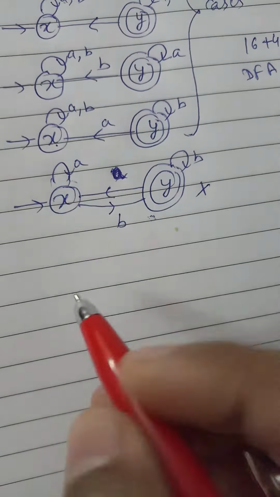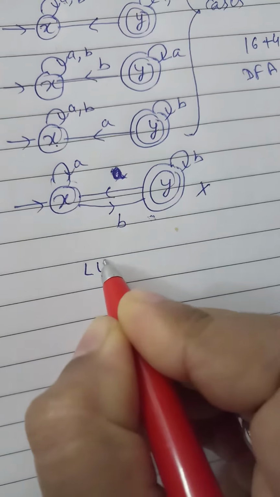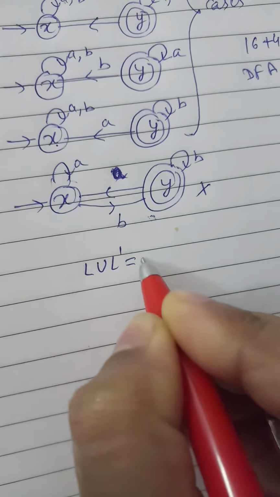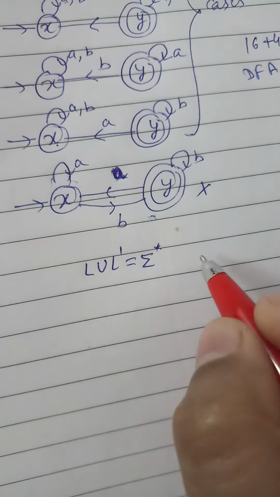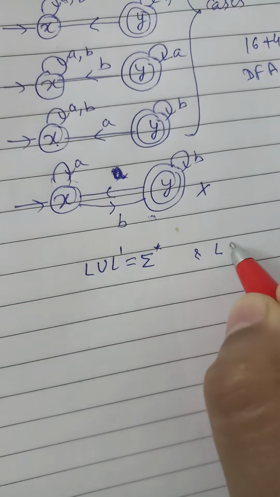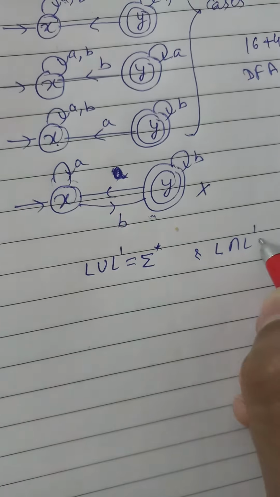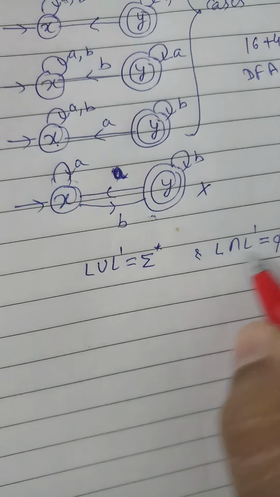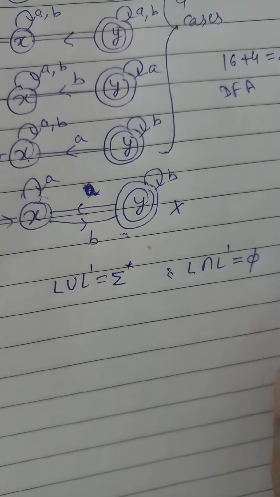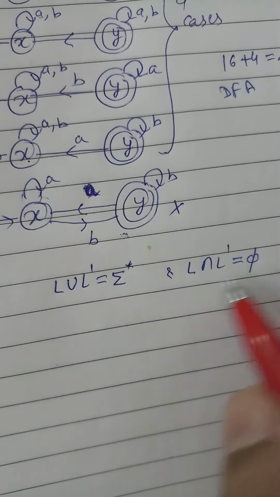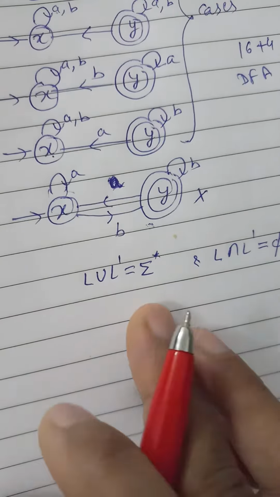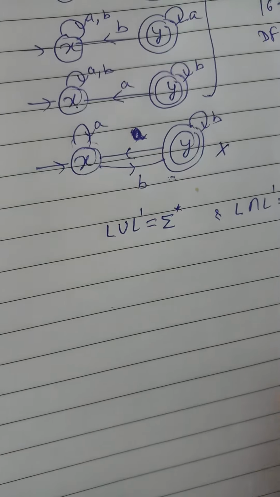As we know, L union L complement gives everything, alphabet star, and L intersection L complement gives phi. There is nothing left when we do the intersection, and when we do the union we have alphabet star.